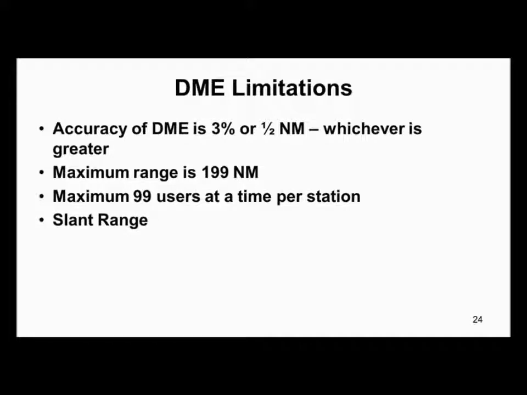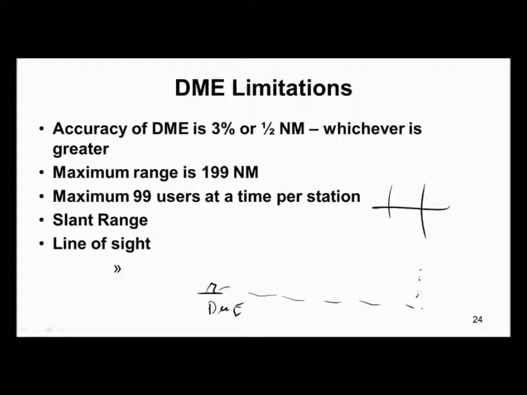And then, of course, slant range. When I say slant range, here's our DME transmitter, and here's our airplane. If the distance from the transmitter to the airplane is 10 nautical miles, this distance right here might be 9.9 nautical miles.